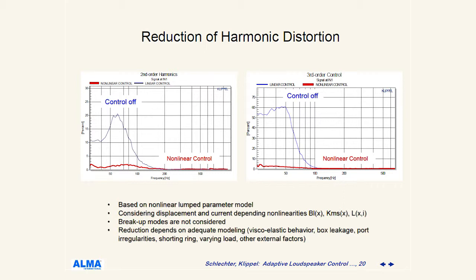We cannot do anything against breakup modes, but we can address the major nonlinearities, BL(x), KMS(x), or inductance L(x, i). Yes, and the reduction depends on adequate modeling. So if our model parameters are not perfect, the reduction will be less exact.